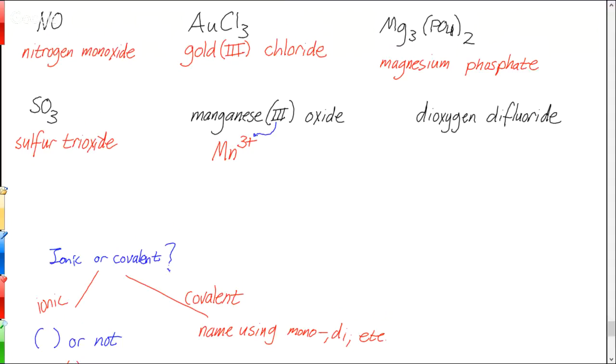All right, so then we can write oxide also. Oxide is O, and we know the charge on oxide because of its position in the periodic table. It's in column 6A, so what's its charge? -2, right? All right.